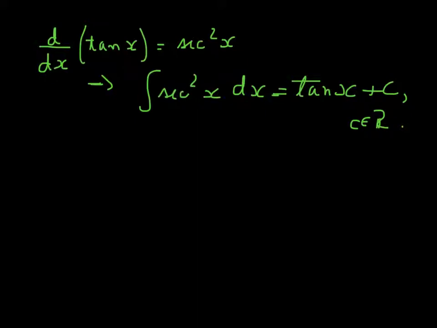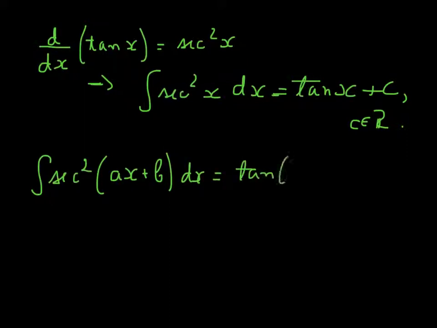The anti-chain rule tells you that integral sec square of ax plus b dx equals tangent ax plus b over a plus c.